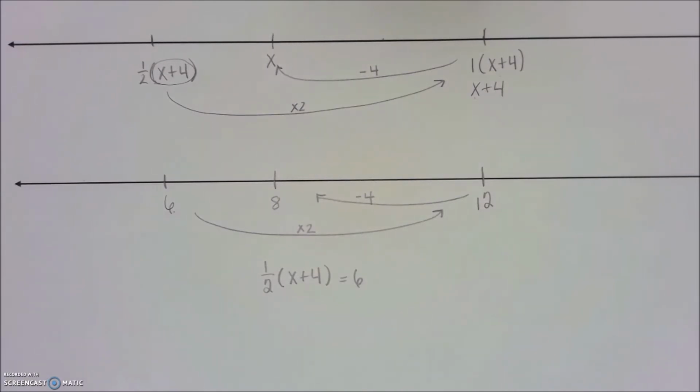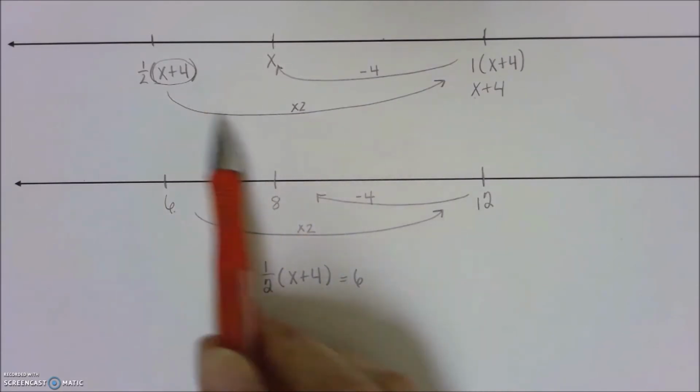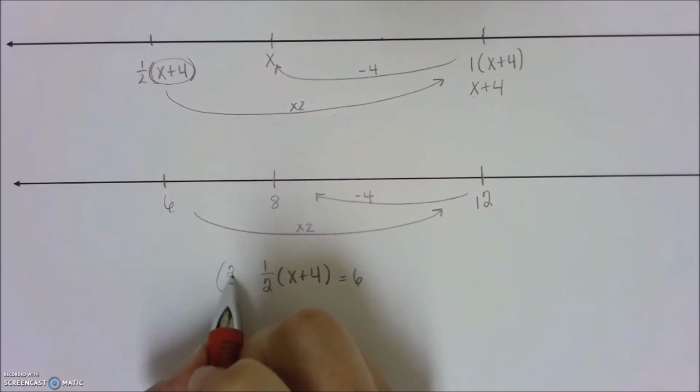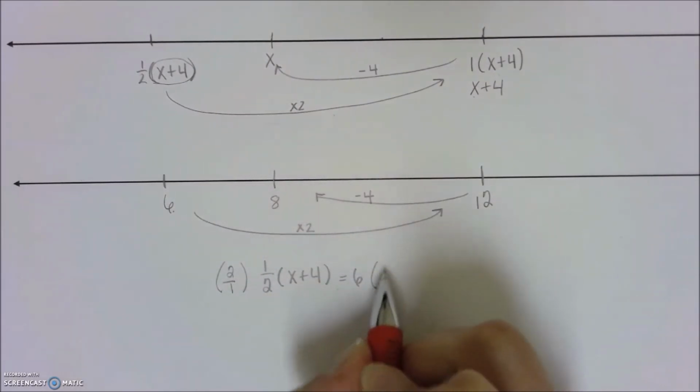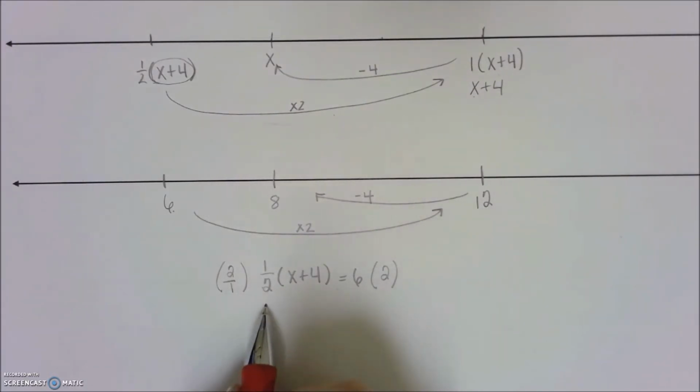Again, let's match what we did on our visual approach of the number lines, and move to the abstract approach by solving algebraically. 1/2 times the quantity of x plus 4 is equal to 6. The first thing we did was multiply by 2, so we must multiply by 2 on both sides of the equation. Students should recognize that this is a multiplicative inverse.